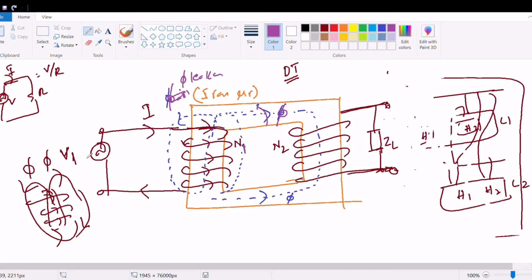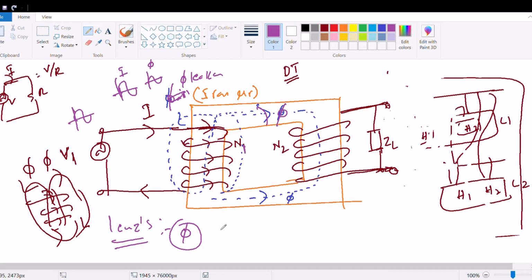This is an alternating voltage, an AC voltage, and it produces an alternating current, which produces an alternating flux. According to Lenz's law, the induced EMF always opposes its cause. Suppose a flux has been produced. This flux is alternating.